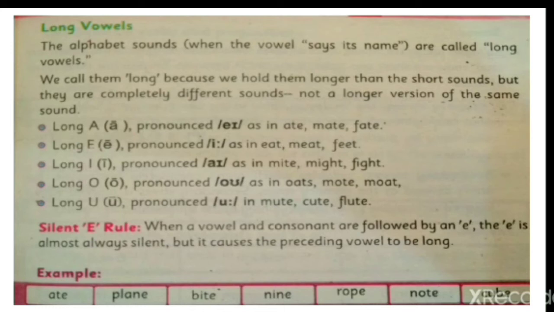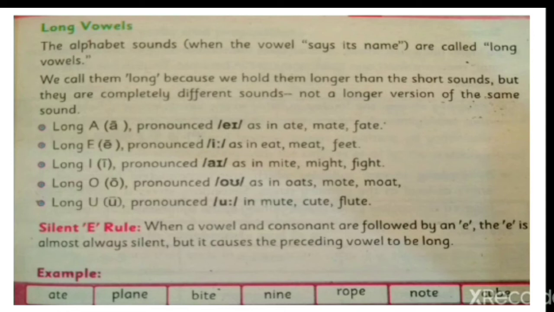For example, eight. We would not produce the e sound; it remains silent, but the long vowel here is the a in eight. So that preceding vowel needs to be produced as a long vowel sound.